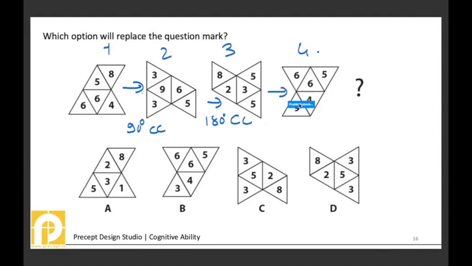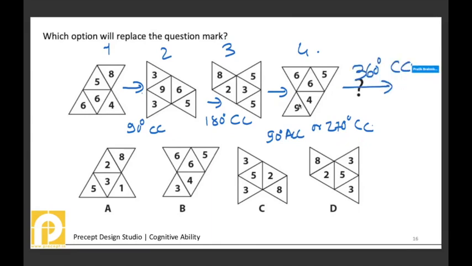From third to fourth, the rotation is 90° anti-clockwise, or 270° clockwise. 270° clockwise fits because it is sequential. So for the next one, the rotation has to be 360° clockwise, which means it looks exactly how it is. So the correct answer is option B here.